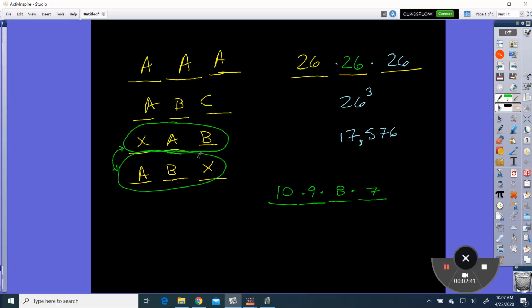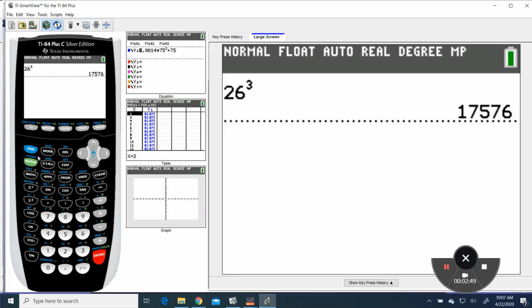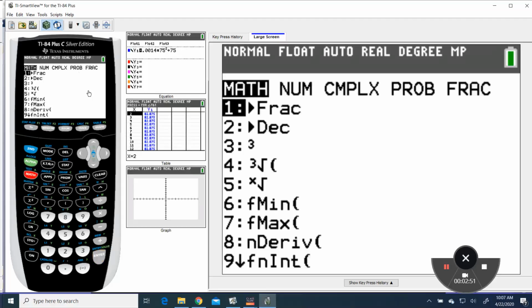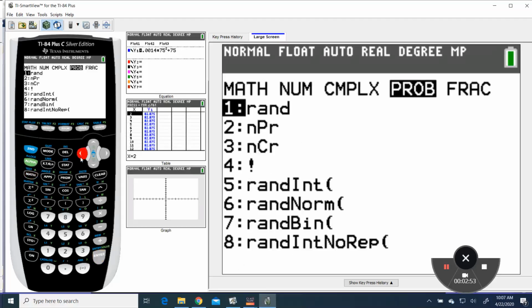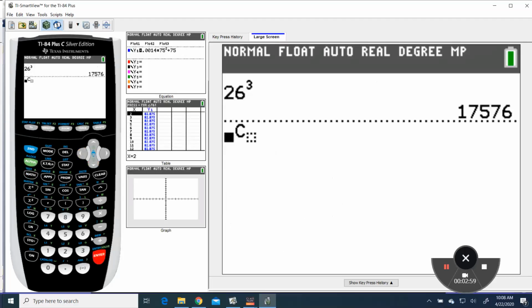Oh, I just had a thought. On your calculators, this is slick. If I go to my calculator and I hit math and I go over to probability, see this one that says nCr? So this says I'm choosing 3 letters out of 26.